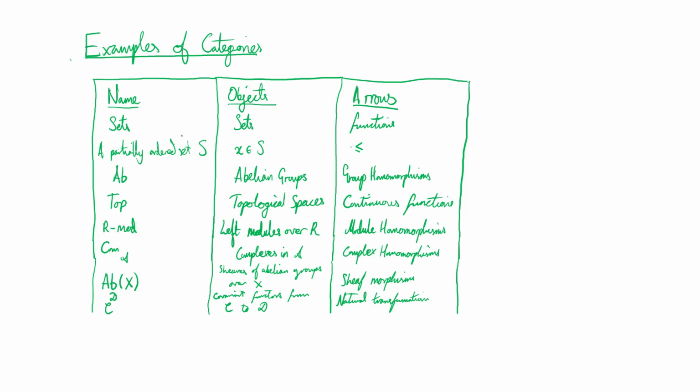So next, for any partially ordered set, so for any set upon which you can say that one element is less than or equal to another, you can define the elements of the set as objects in a category, and the arrows representing, well, less than or equal to.